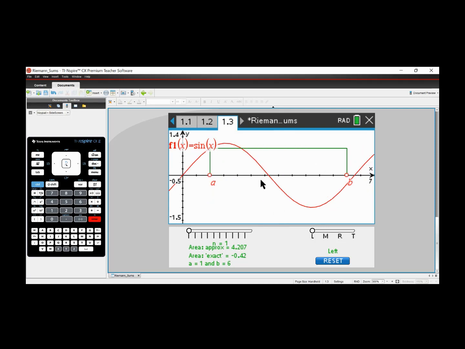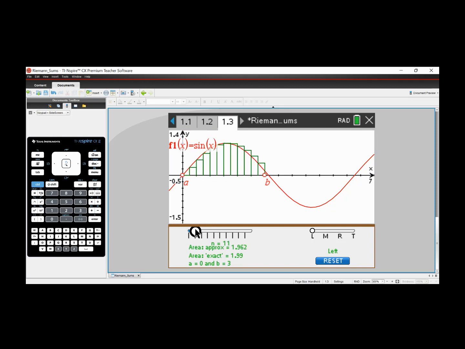And we want to go from 0, so I'm going to slide my a to 0, and I'm going to bring my b. Now, it's really hard to find b as 3 on this one, is it 3 or 3.5, okay? You can do this with it, and what are we going to have? We'll have to approximate here, but 10 subintervals. Now, I'm going to open a document that you don't have, but hold that thought.